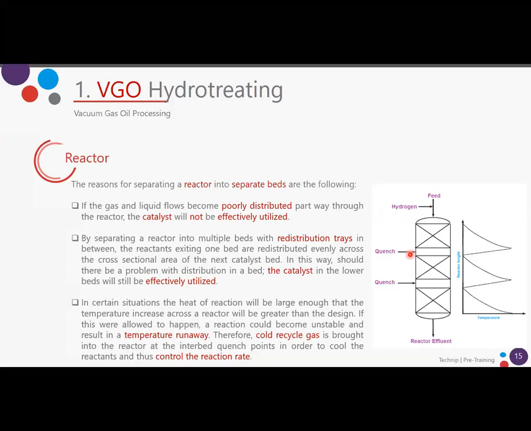So it is a cold quench, 70, 90 degrees. We can see it later in the PFD. It is to cool this stream, and this is the meaning of quench: when you cool down something quickly.